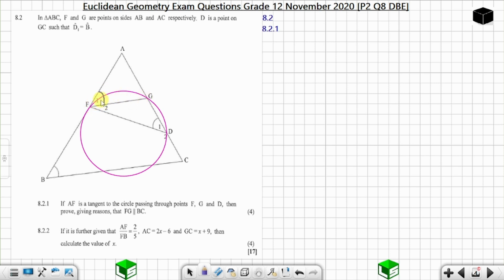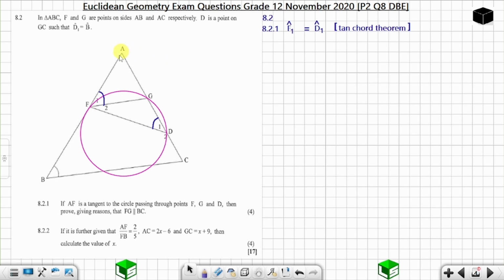So this angle is equal to the angle D1 using the tangent chord theorem, from the same chord. So angle F1 is equal to the angle D1. The reason is tangent chord theorem.